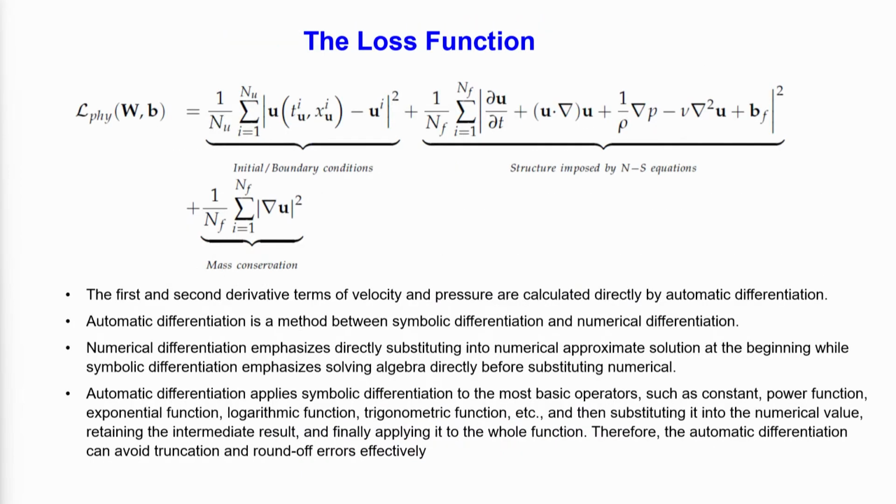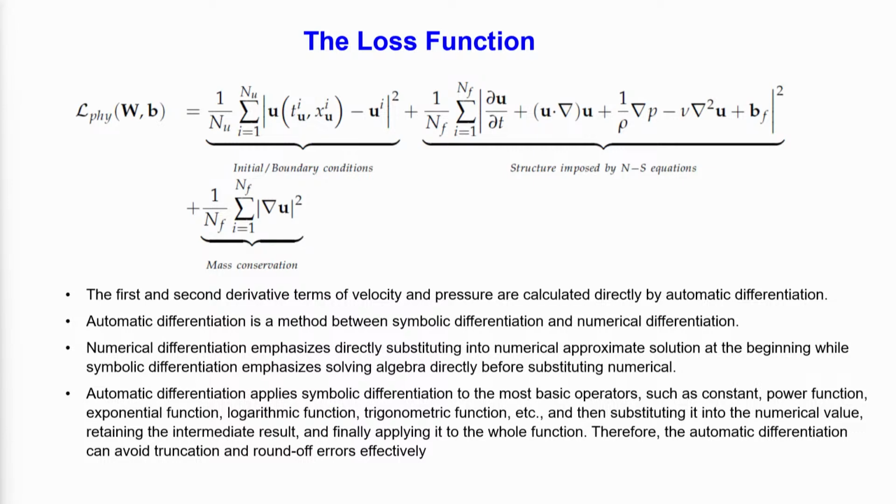So, that means you have a loss function which you want to minimize. This is a very nice loss function which some of my students are using for their problems, and I find it quite good. You can see the first is the error due to the initial and boundary condition.